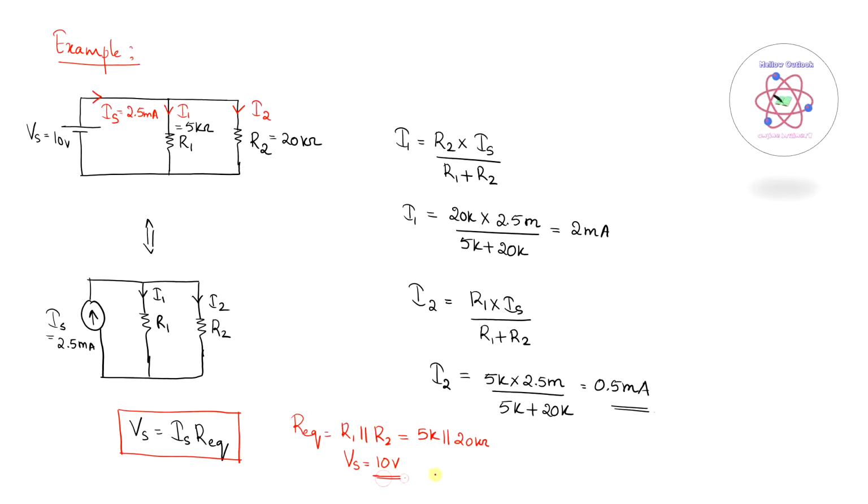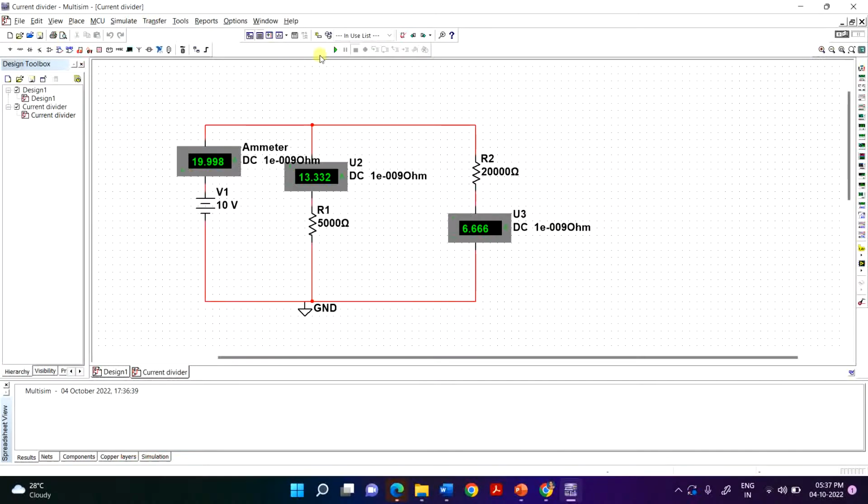You will be able to see in the simulations that I am going to present that we can use either the current source directly and observe the branch currents, or we can use a voltage source and observe the branch currents. In both cases, the values of the branch currents I1 and I2 will be the same.